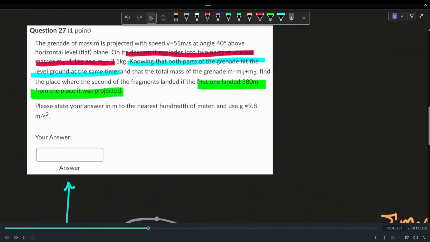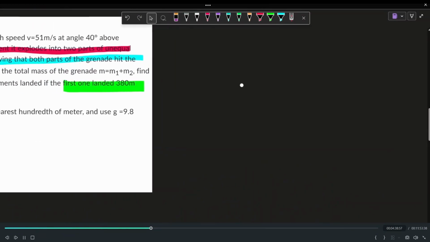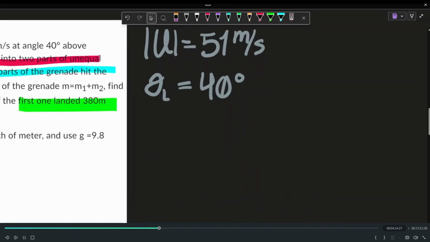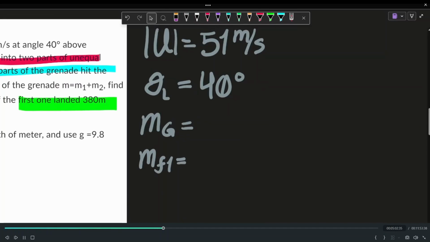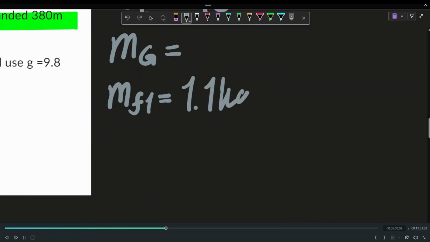So we know the masses of both fragments. We know it begins with initial speed, not velocity, so the magnitude is 51 meters per second. It's at a launch angle of 40 degrees, and its total mass is m. One fragment is of mass 1.1 kilograms, another is 2.1 kilograms.